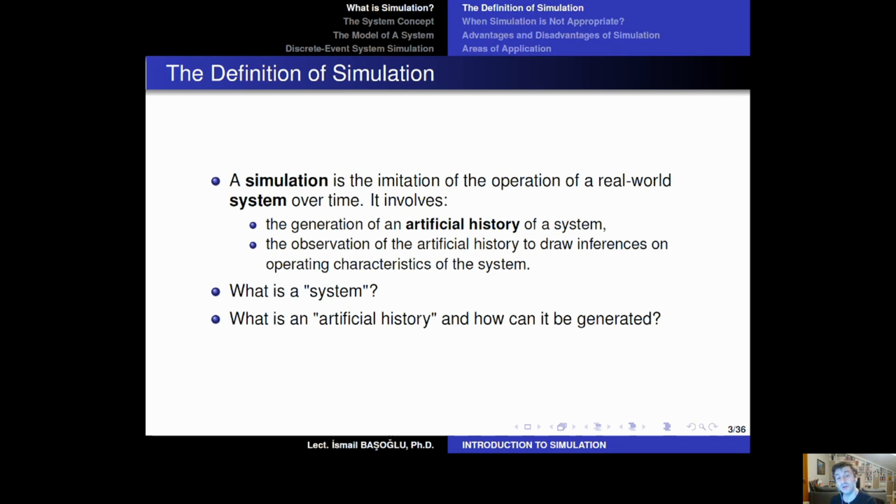However, we are using it to draw inferences on the operating characteristics of the original system. The definition here is, I think, comprehensible, but in order to understand it better, we need to understand what a system is, what artificial history is, and how it can be generated.